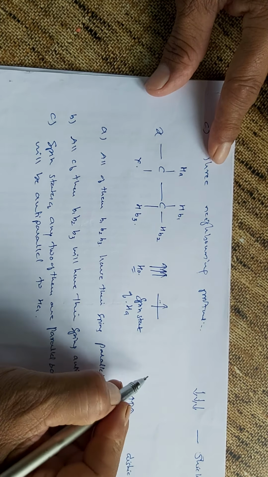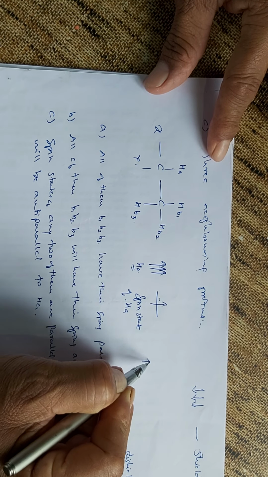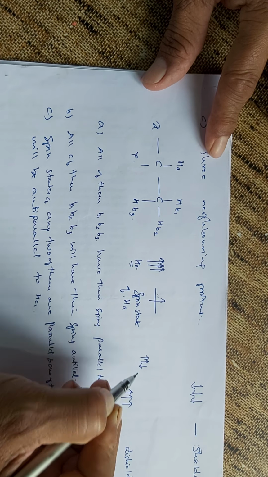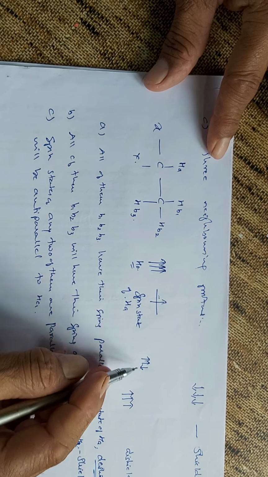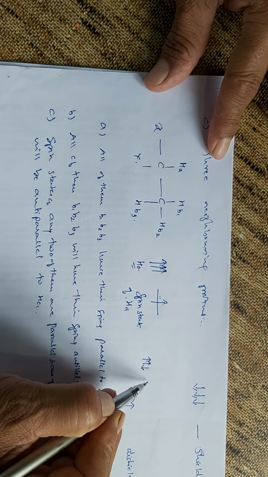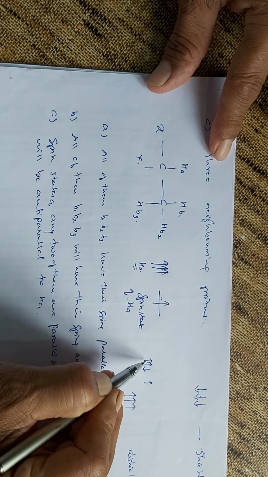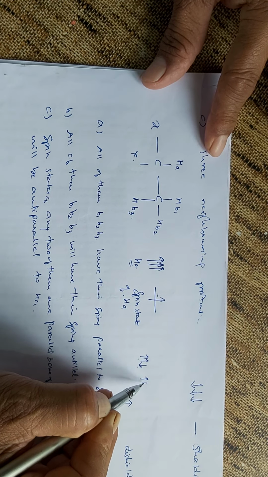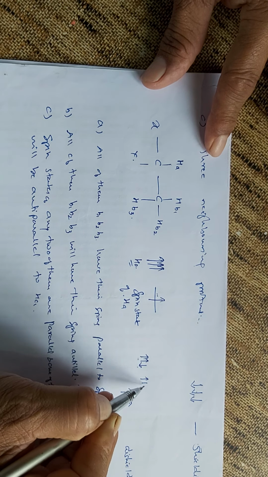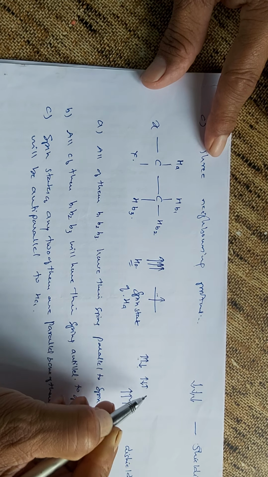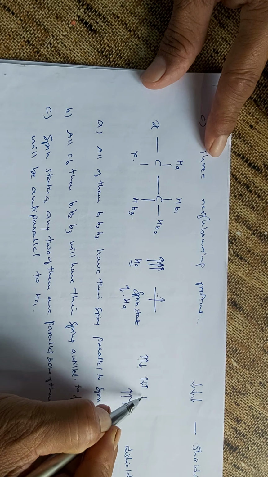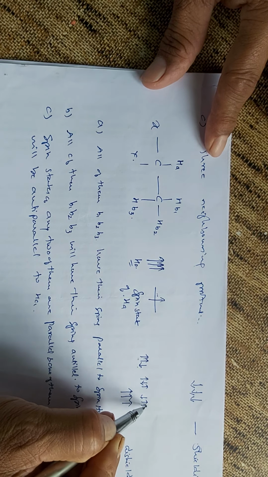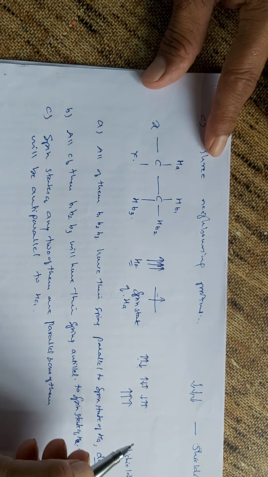Means two will be parallel and one will be antiparallel. And so in this way we will have three situations: here this is parallel, here these two are parallel and this is antiparallel. Here this is parallel, this is antiparallel and this is again parallel. Then this is antiparallel, this will be parallel and this will be parallel. So here we are getting three situations.